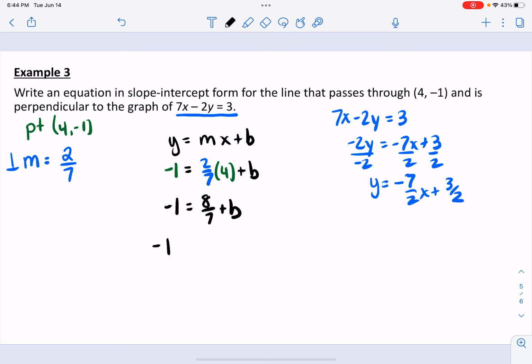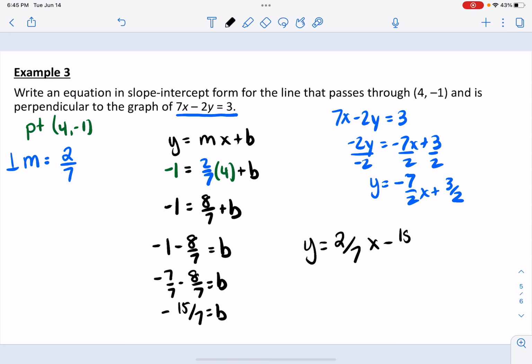So I subtract 8/7 from both sides. I like everything as improper fractions. I have to get a common denominator. So that's what I get for my line. And it's okay, sometimes I'm going to have crazy fractions. But remember, we want our fractions as improper fractions. They're easier for us to work with, especially when we're talking about slope.